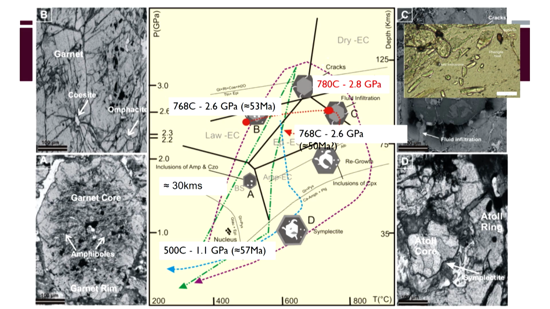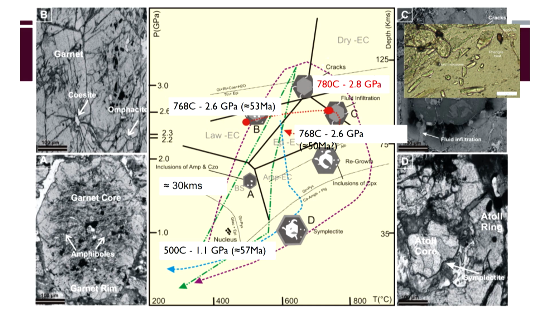Then you start having what we know as fluid infiltration within the garnets to then go on to form atolls. Okay, so this is primarily at a lower temperature on the way back, as these rocks are getting exhumed.